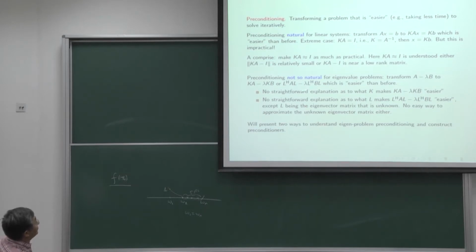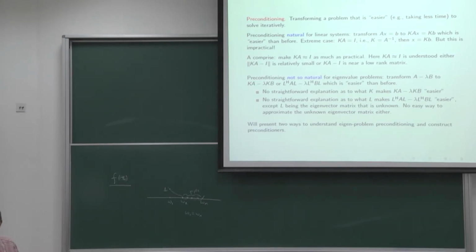How about the eigenvalue problem? The eigenvalue problem is not that natural. So let's say you have A minus lambda B. And let's say we do one kind of transformation. I multiply K from the left. So now we have the original problem and the transformed problem. How do you know that this one is easier than before, right?